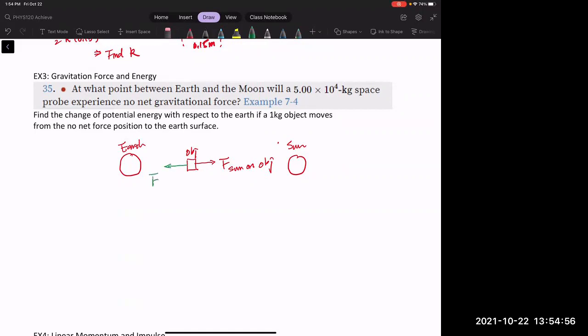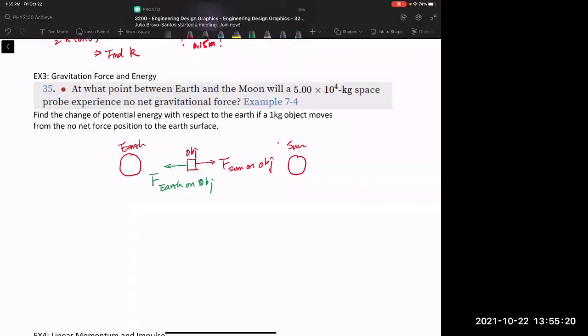And this force is the Earth on the object. One force goes to the right, one force goes to the left, and at a certain point they can cancel out.